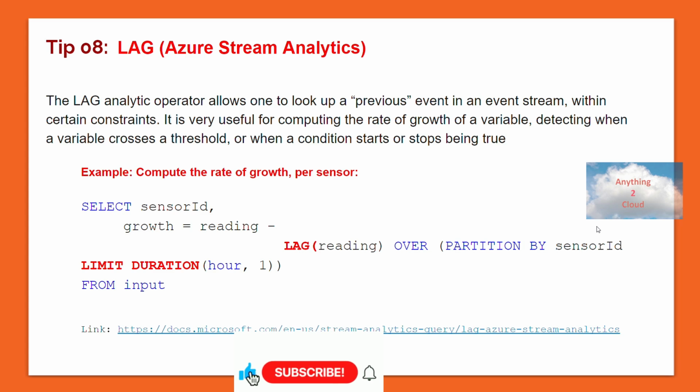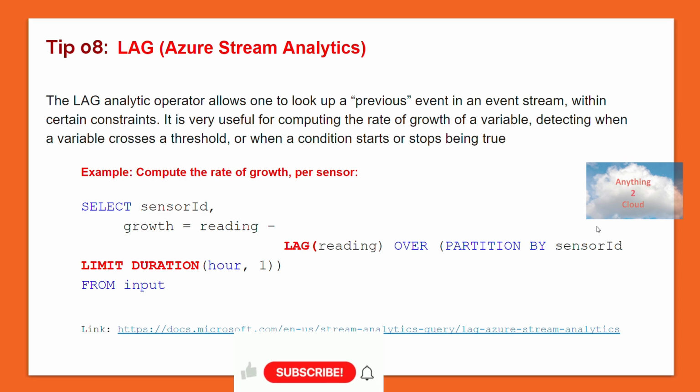For example, if you want to compute the rate of growth per sensor, then you can use the LAG function to find this. This is the query here: SELECT sensorId, growth = reading - LAG(reading) OVER (PARTITION BY sensorId LIMIT DURATION(hour, 1)). So this query will find out the rate of growth per sensor.